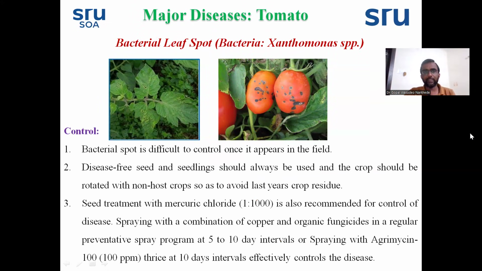Then next is bacterial leaf spot caused by bacteria, that is Xanthomonas species. This is difficult to control once it appears in the field. Okay, so you have to use disease-free seedlings, and the crop should be rotated with non-host crops.